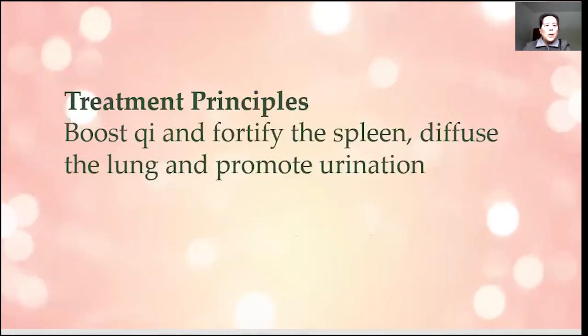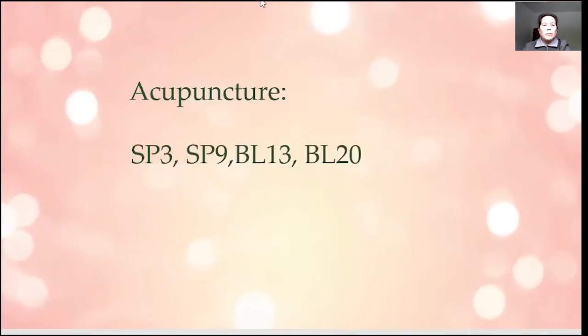The treatment principle: tonify qi, tonify spleen qi and lung qi, and promote urination, relieving edema. So the points we use are mainly to tonify lung qi and spleen qi.